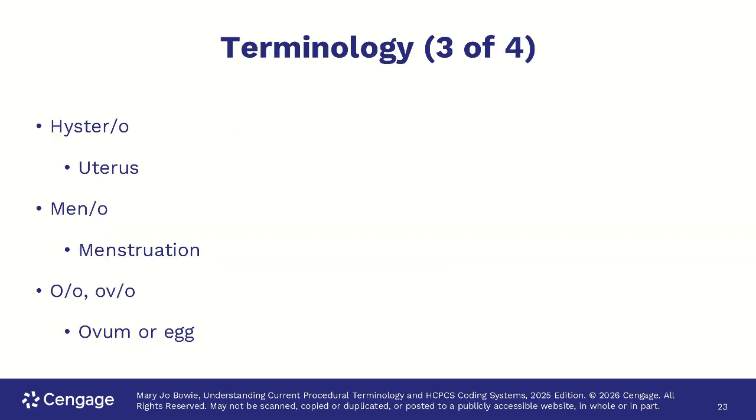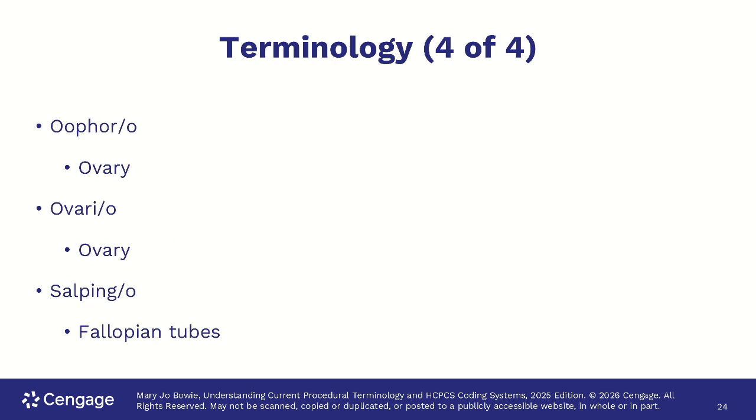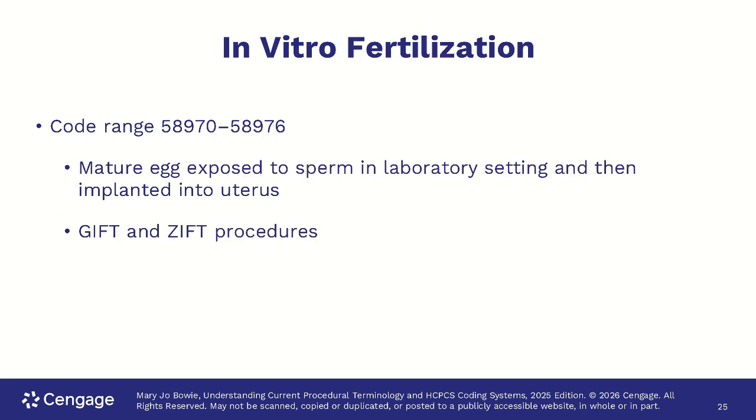All right, more terminology. Hystero, uterus; meno, menstruation; ovo, ovum or egg, terms that you've heard before. Then we have oophoro, ovary; ovario, ovary; salpingo, fallopian tubes. Then the last procedure here in this area is in vitro fertilization. This is a process in which a mature egg is exposed to sperm in a laboratory setting.